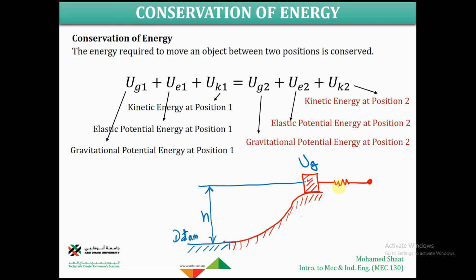Also, it is connected to a spring, so the spring is going to give another form of energy, the elastic energy, U elastic. And if we push this box to slide over the ramp, it's going to move down, which means that there should be some kinetic energy. It has a kinetic energy.